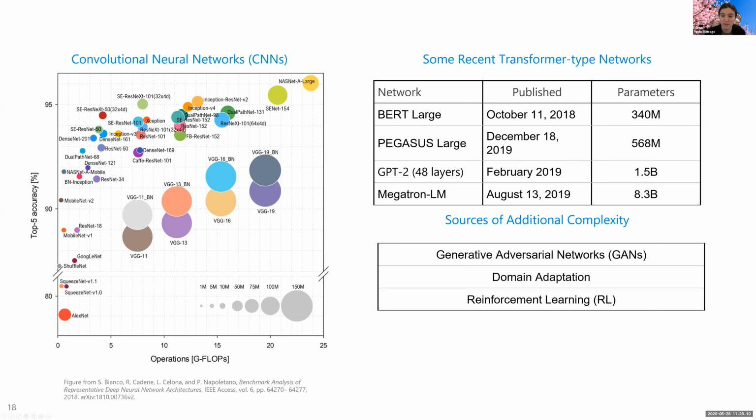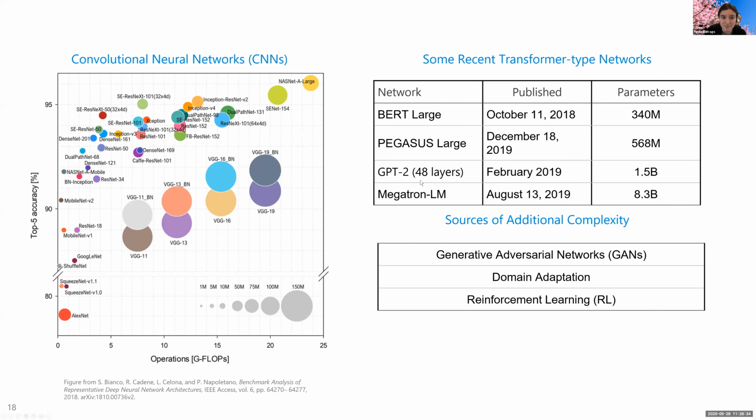Now, combined with these gigantic models, machine learning approaches usually involve iterative paradigms. So we have items like reinforcement learning, generative adversarial networks, and domain adaptation that combine these big models and require iterative training of them.